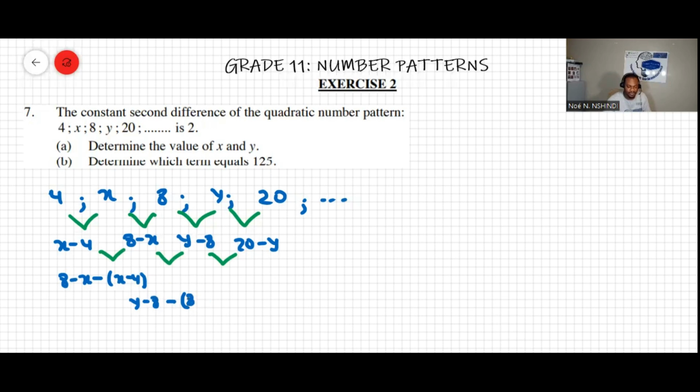And then 20 minus y minus (y minus 8). Okay.